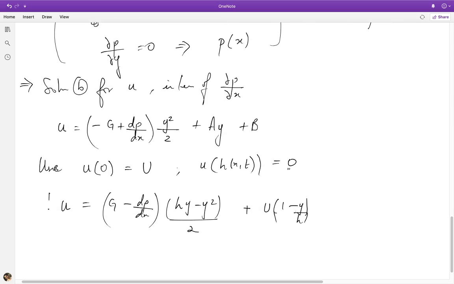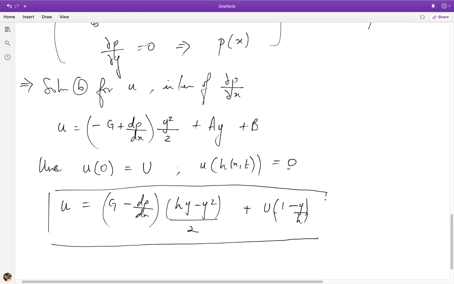So this is now the equation that we can obtain that tells us u in terms of the pressure gradients, the pressure gradients that arise from the wall variations, and in terms of the motion of the bottom wall. And you see that you have two components.